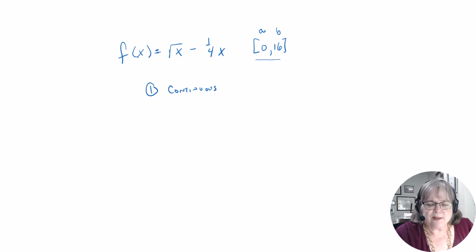But since we're looking at 0 through 16, and we're adding something that has values from 0 to 16 to something that has its own values from 0 on, it is continuous. There are no breaks in this area right here. Also, since it's a combination of a square root and a polynomial, we should be able to take the derivative at any point between 0 and 16. So it is differentiable.